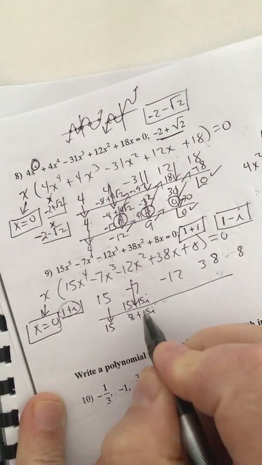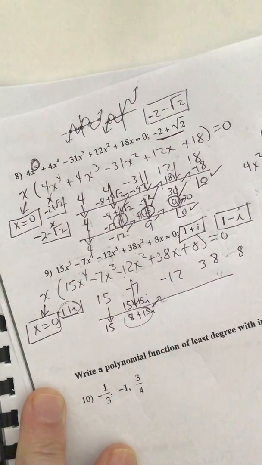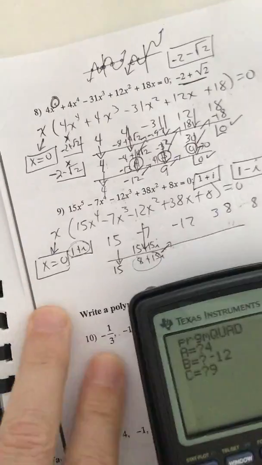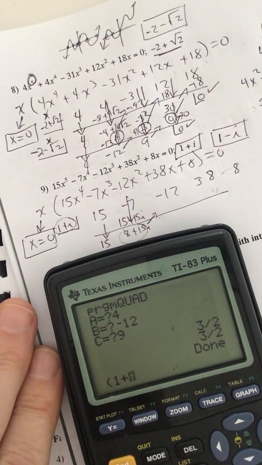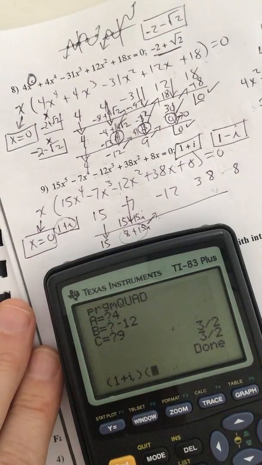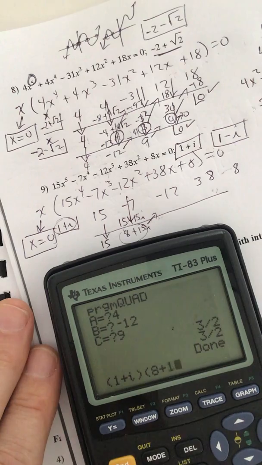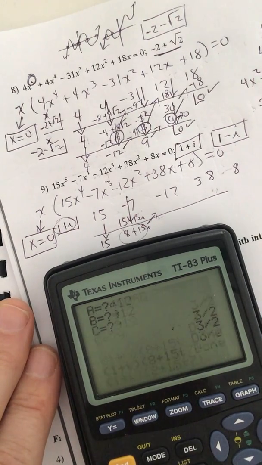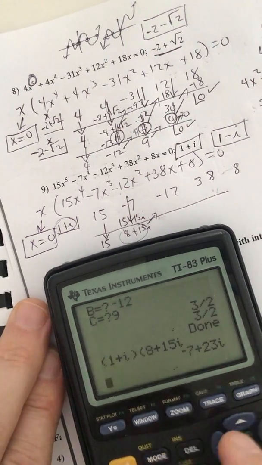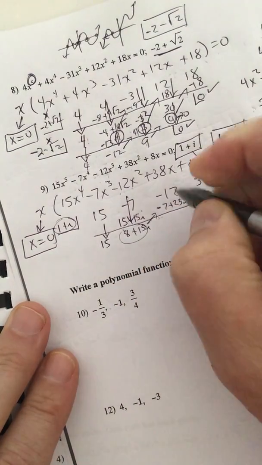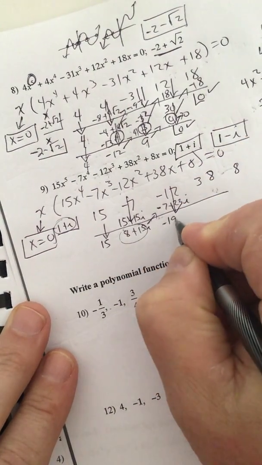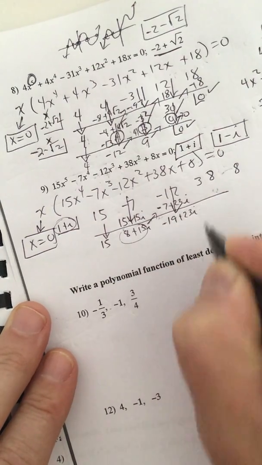So I need to take this one times this one and put it over there. Little calculator help then. So I need 1 plus I times 8 plus 15i. Negative 7 plus 23i. Add down makes it negative 19 plus 23i.